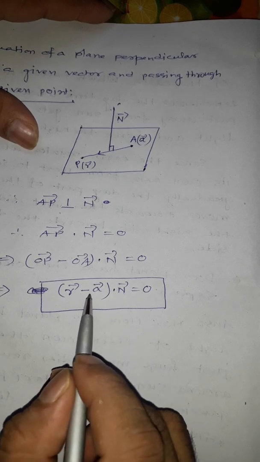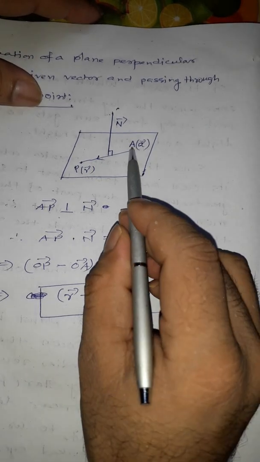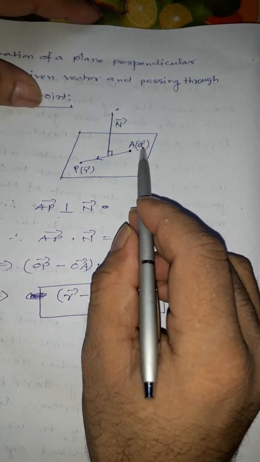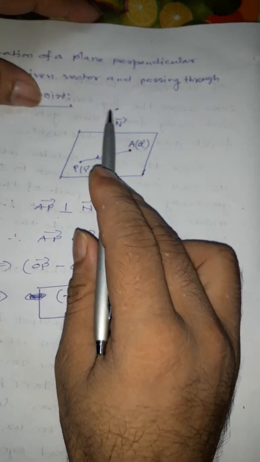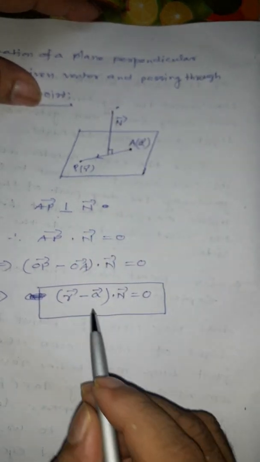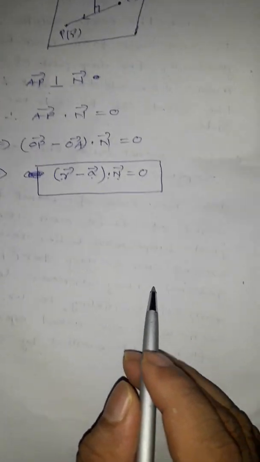Okay, this is the vector equation of the plane passing through a point A whose position vector is a and perpendicular to a given vector n: r minus a dot n equal to 0.